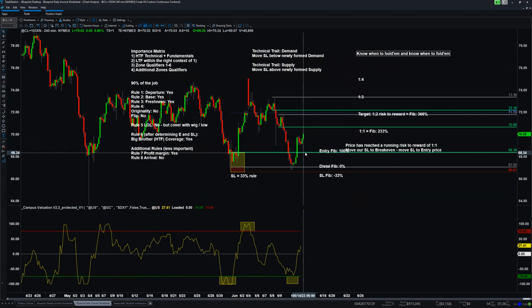You've got your fibs figured out. We know where to put the entries. We know where to put the stop losses. We know where to put the targets. We know when to put the stop losses to break even. We can go ahead and take trades, right? You can go ahead and do full analysis on daily income, on weekly income, on any market, follow the process, and come back with a trade idea.